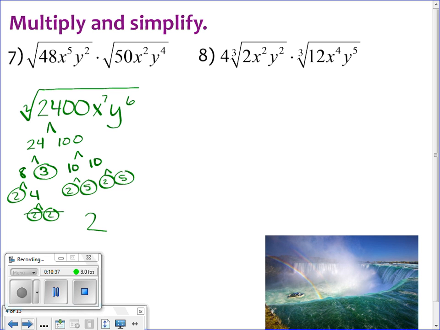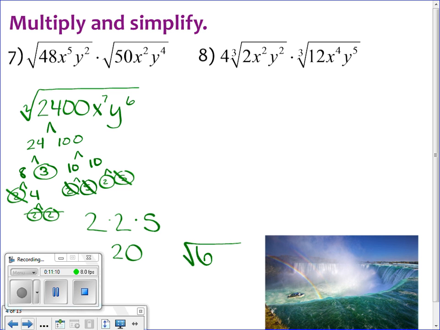So group of 2, group of 2, we have group of 5. Okay. This is back to what we've done in the past, right? Looking for groups of 2, they come out. So 2 times 2 is 4, times 5 is 20. And then left over, give me 6. That goes back to the beginning of the semester right there. All right, but then we got the variables in there, which we've not looked at before.